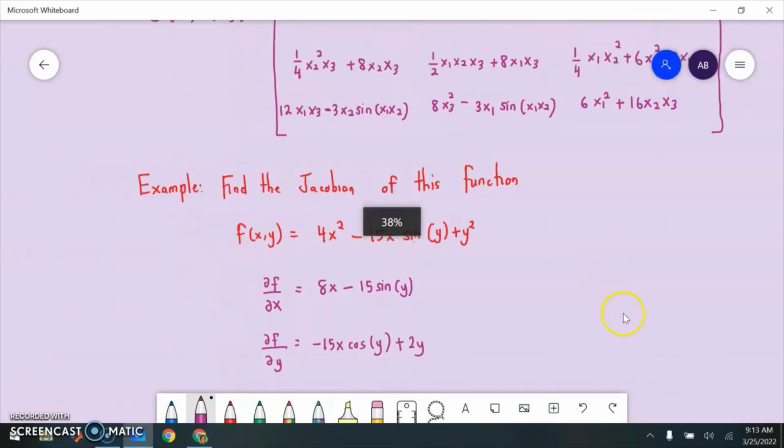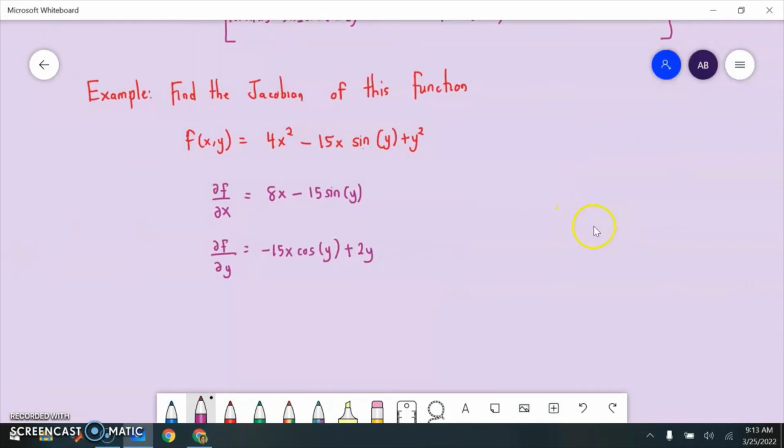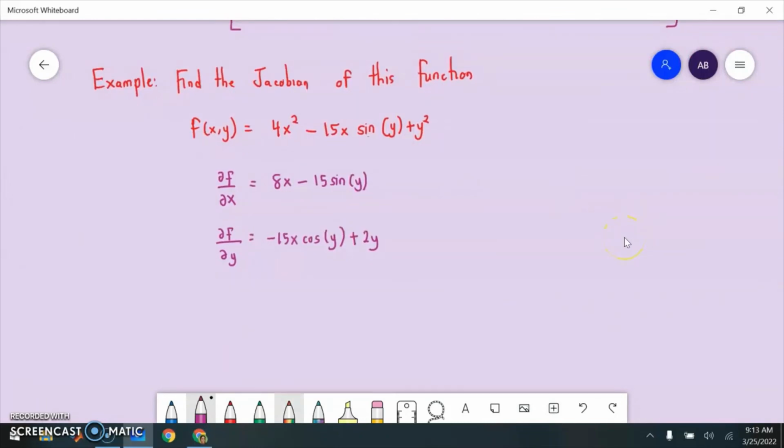Okay, so to make your calculation easier, because I already have this, instead of writing f1 and f2, I can write this is my fx, this is my fy.